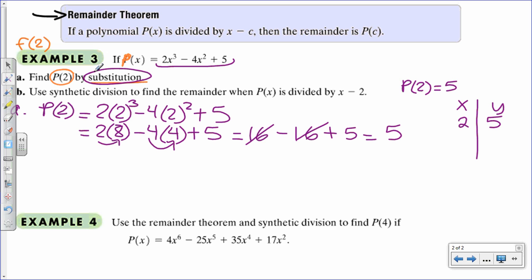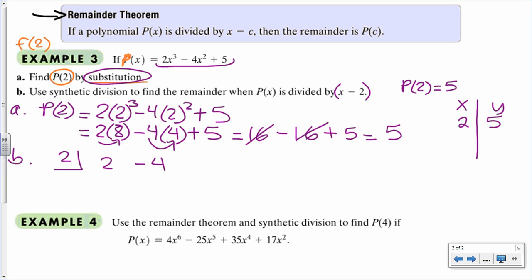For part B, they're asking us to use the remainder theorem to divide by x minus 2. However, we know that in the little box, we're not going to use the -2, right? What number are we going to use instead? +2. So let's do this quickly. And the coefficients here are going to be 2, -4.